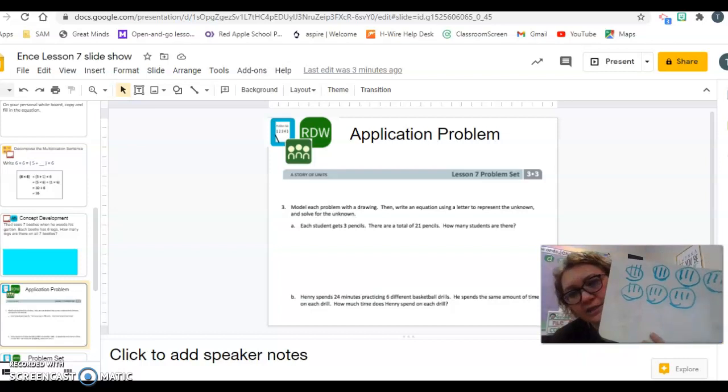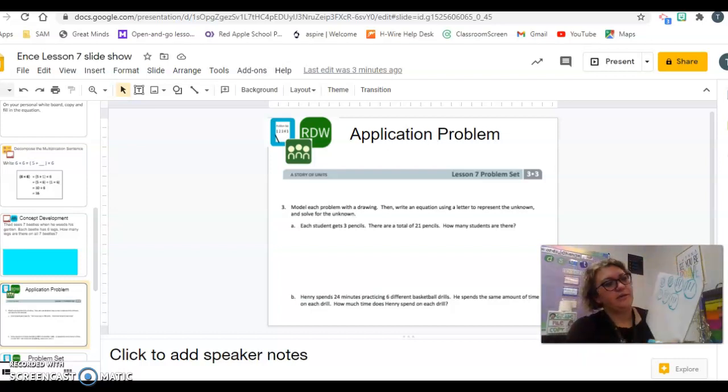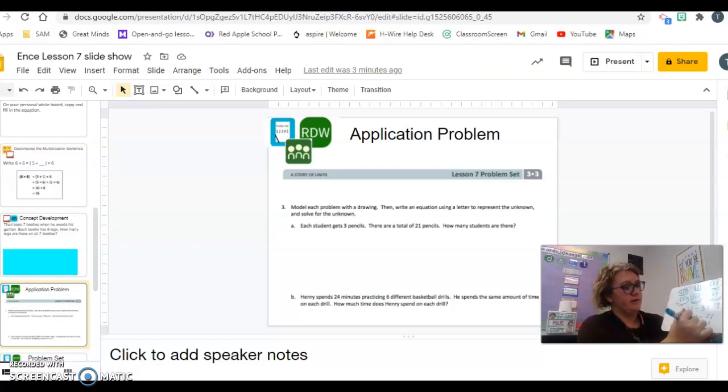And this is actually division because 21 divided by 3 pencils per student equals 7, because 7 times 3 equals 21. And 3 times 7 equals 21. And 21 divided by 7 equals 3.